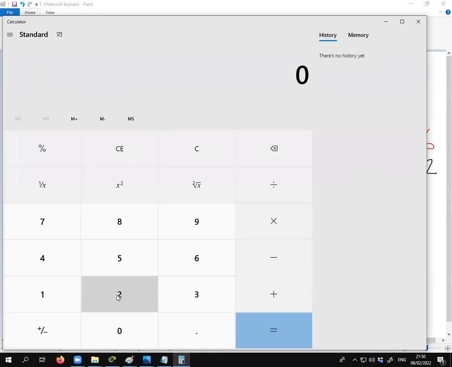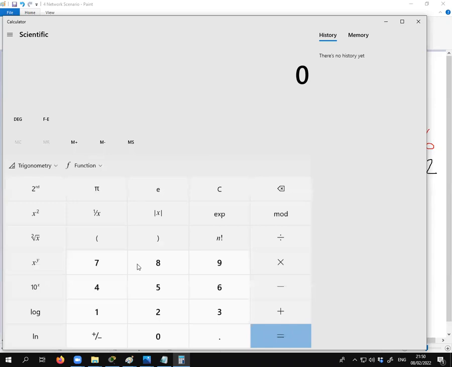Yes, we can. So what we're doing is 2 to the power... Oh, no, that's square. I don't want that. Maybe programmer, scientific. 2 to the power of so many bits.